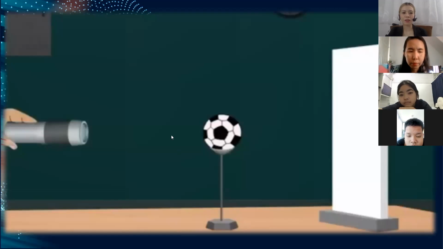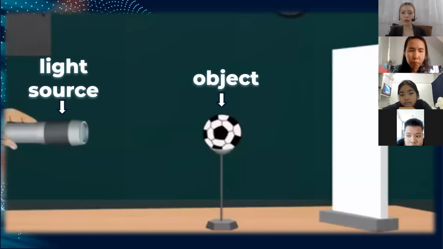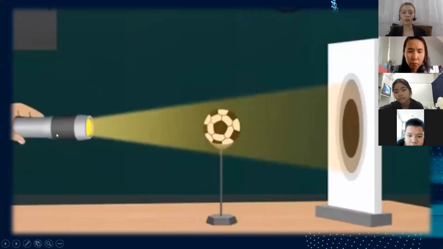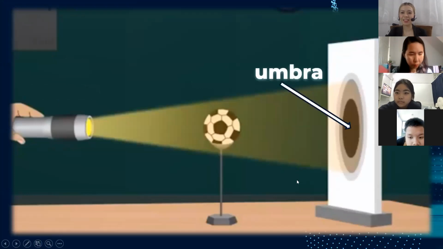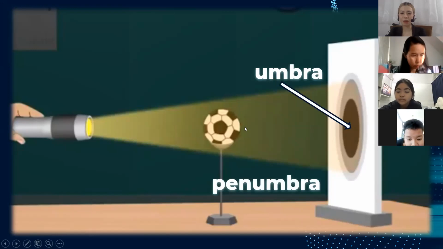We made use of the light source, or the flashlight or the torch, the object, which is the ball, and the screen. Now, when we turn on the flashlight or the torch, we can see the umbra and penumbra. Can you tell me again what is this? So we said that the darker shadow is the umbra and the lighter shadow is the penumbra.